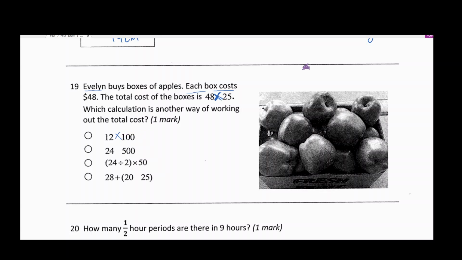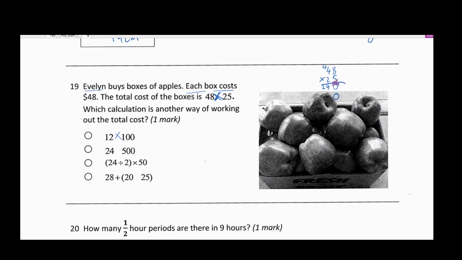So let's have a look at what 48 times 25 is. 48 times 25. 5 times 8 is 40. Put down the 0, carry the 4. 5 times 4 is going to be 20, plus another 4, 24.